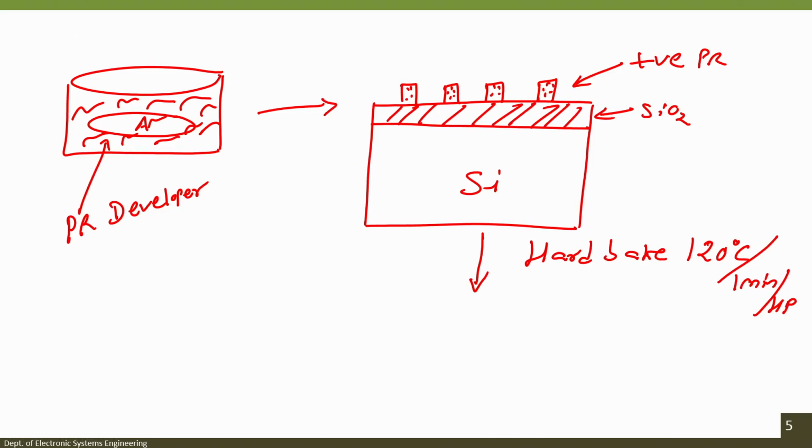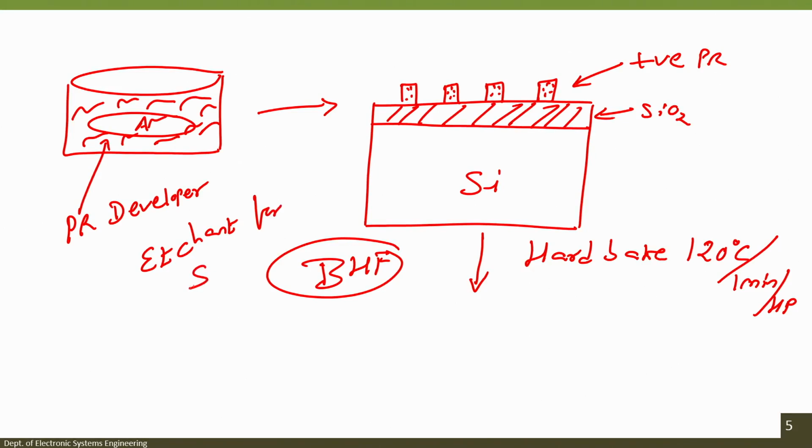So, once I perform hard bake, the next step would be to dip this wafer in BHF. BHF is the etchant for silicon dioxide. So, what will happen?